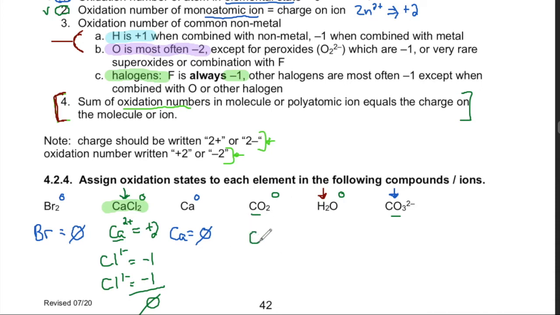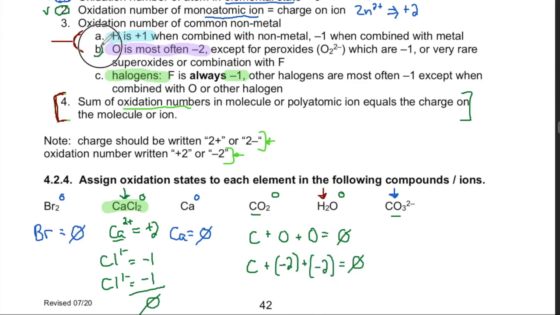So carbon plus oxygen equals 0 for the sum of the oxidation numbers. Carbon we don't know, so I'll write that as C. Oxygen is -2, and this other oxygen is -2.